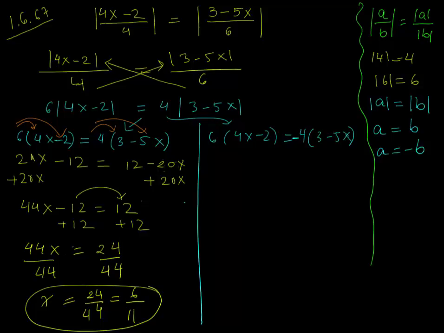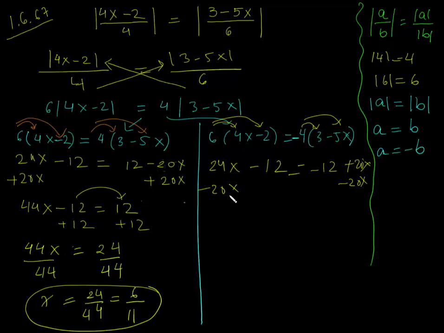We are going to do the same thing on the other side. Use the distributive law and get 24x minus 12 equals minus 12 plus 20x, and then again move the 20x to the other side by subtracting it from both sides.